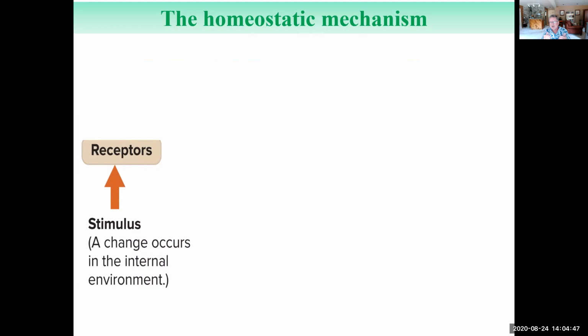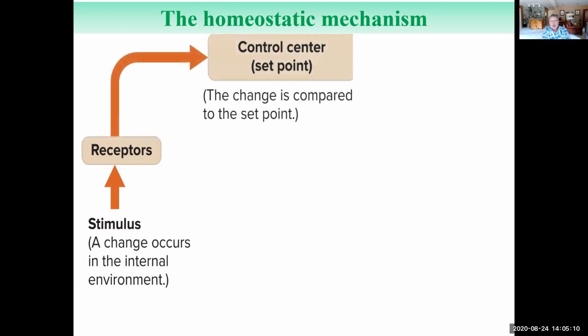Think of body temperature changes, for example, as a result of an external change that could stimulate receptors. So these receptors pick up on stimuli that are occurring as a result of changes taking place in and outside our body. Those receptors are connected to nervous tissue.